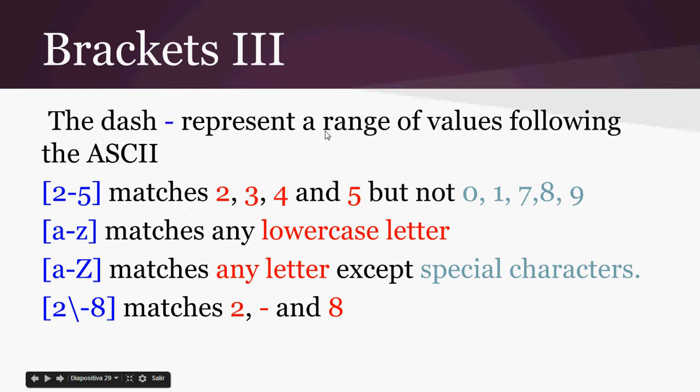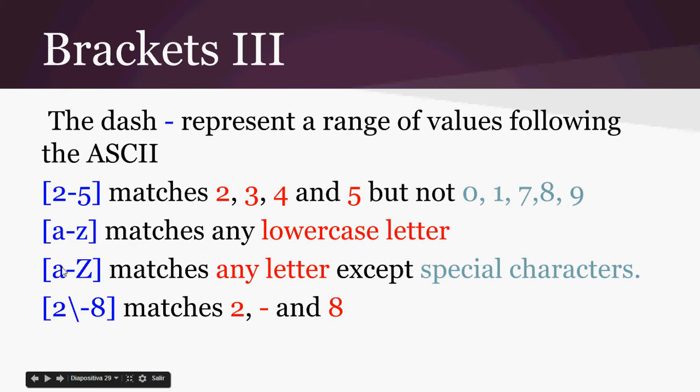The dash represents a range of values following the ASCII table. So when you have this thing, 2 to 5, it will match the following numbers: 2, 3, 4, and 5. But it will not match 0, 1, 7, 8, or 9. Here is only one character that is important. When I write a to c in lowercase, it will match any lowercase letter.